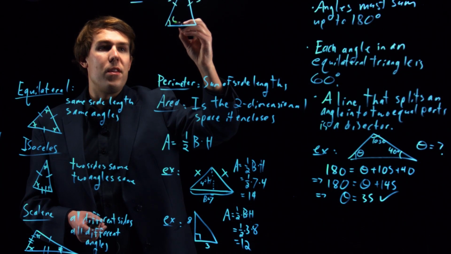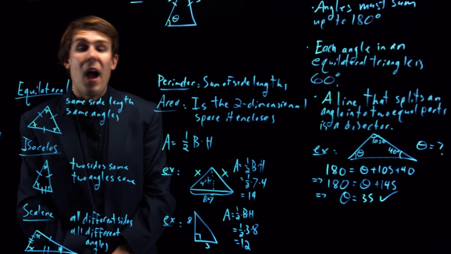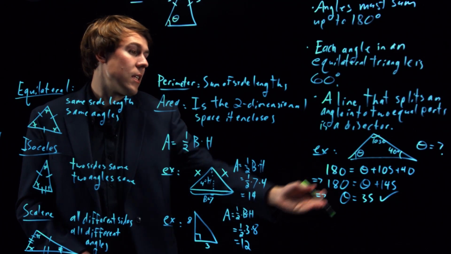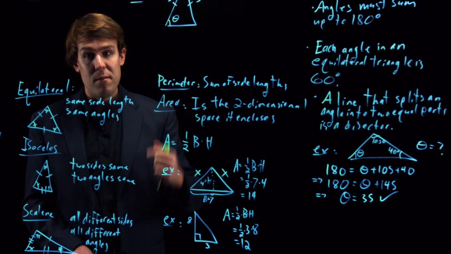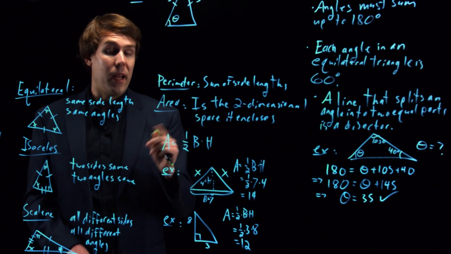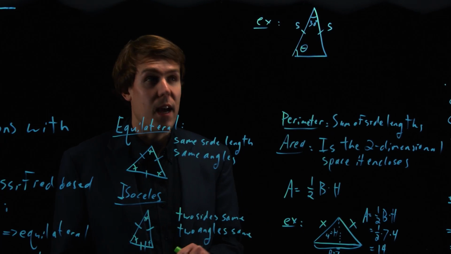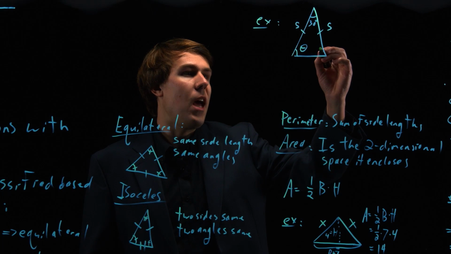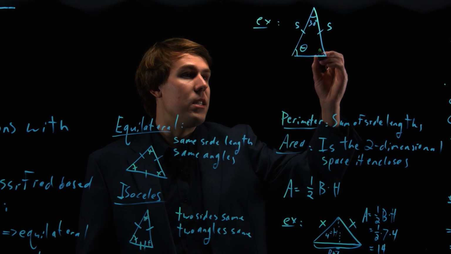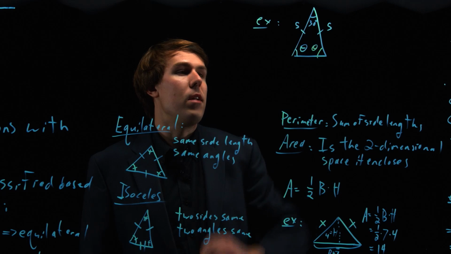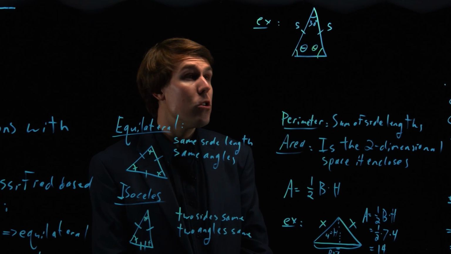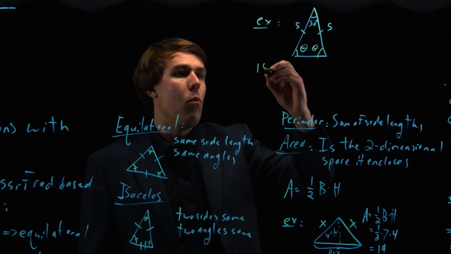And I wish to solve for this angle theta. I cannot proceed directly as I did in this example because I'm only given one of the missing angles, not two. But I can use the fact that this is an isosceles triangle. So this angle, theta, is equal to this angle here. These are necessarily equal.